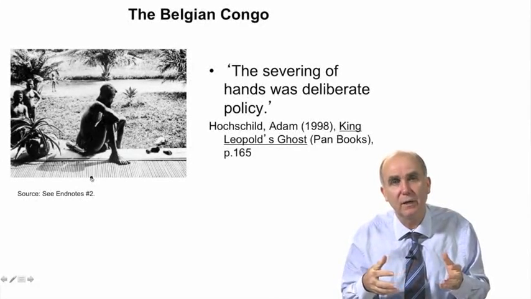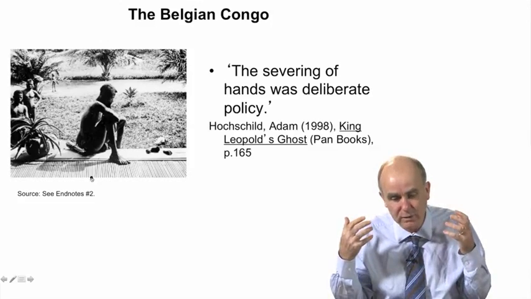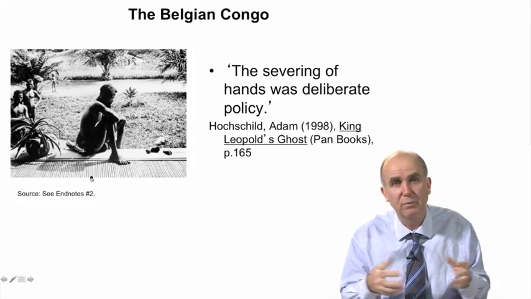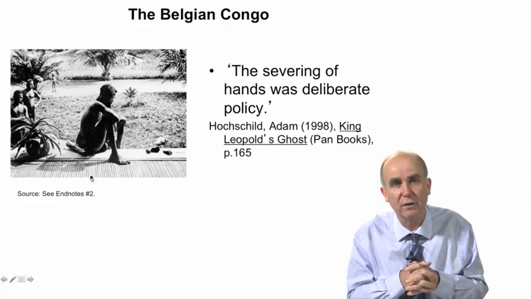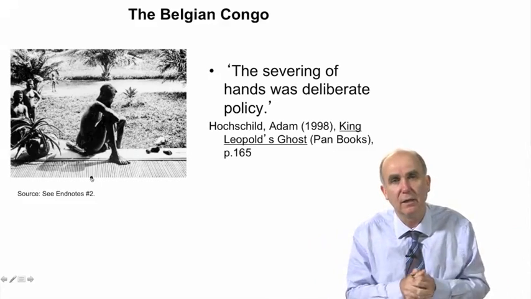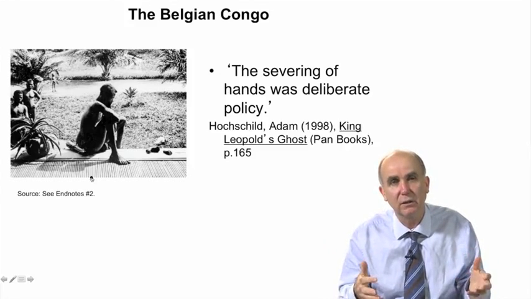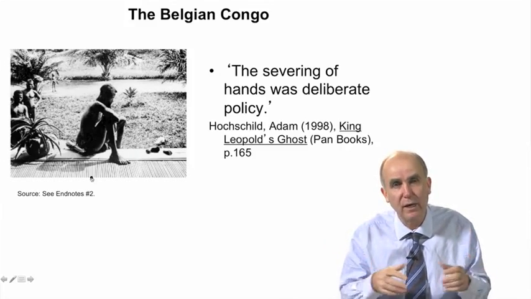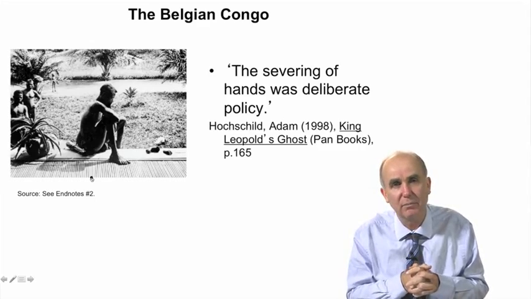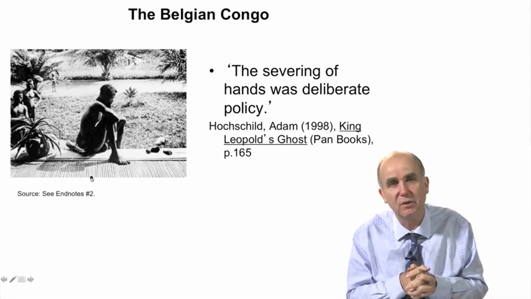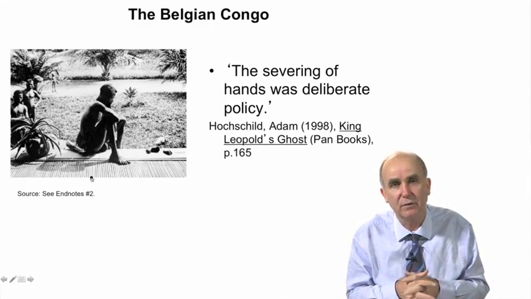Basically, if the military went to a village and there was a refusal by the people in that village to assist them, in order to set an example for other nearby villages, there would be mass slaughter, sometimes decapitation, sometimes, if it was a local militia working, they would cut the hands off as evidence to show the Belgian authorities that they had actually killed a particular number of people in that village, to discipline them as an example to other villages to basically be enslaved to produce rubber.